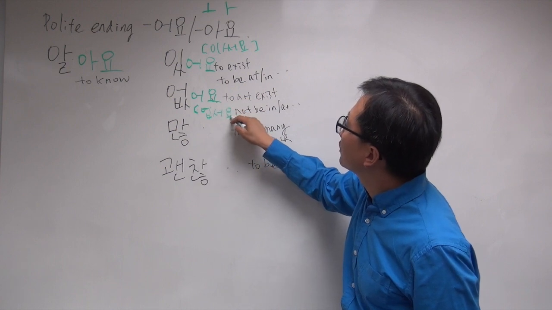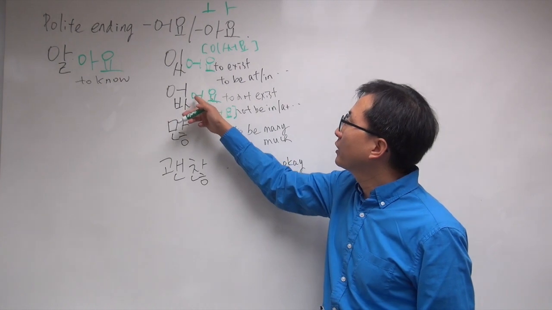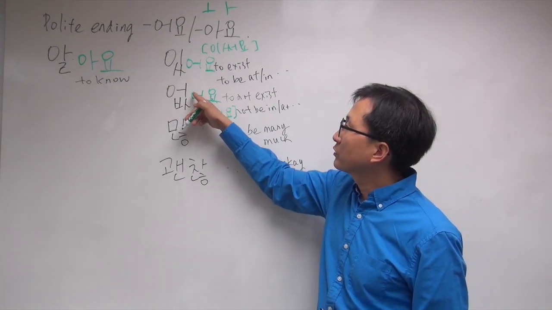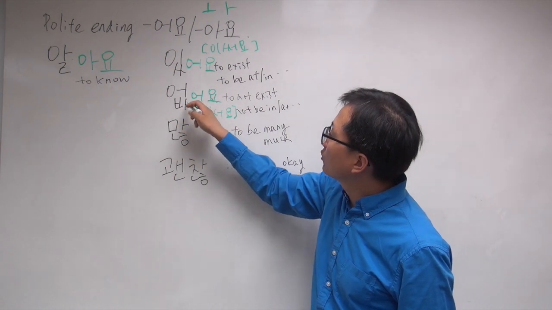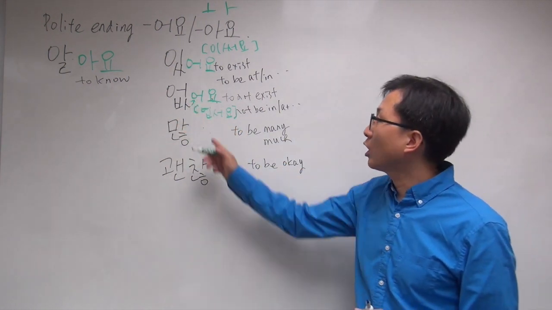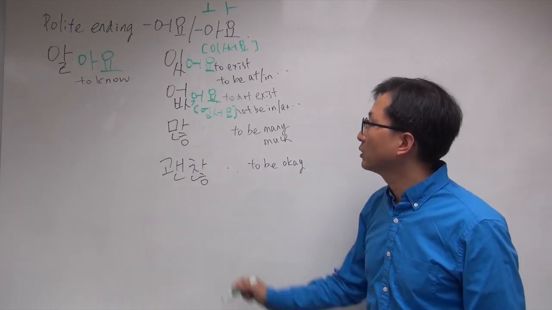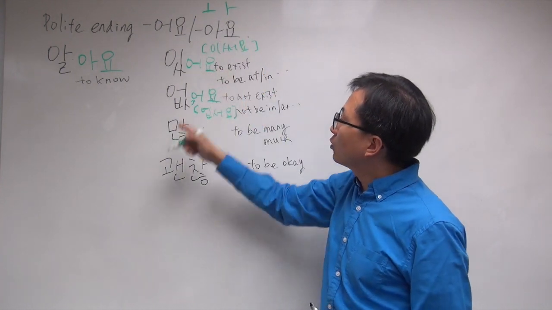When we have two consonants followed by this vowel, there is no sound value in this, then the second one carries over to the following syllable. 없어요. And 많다, does it have either A or O?